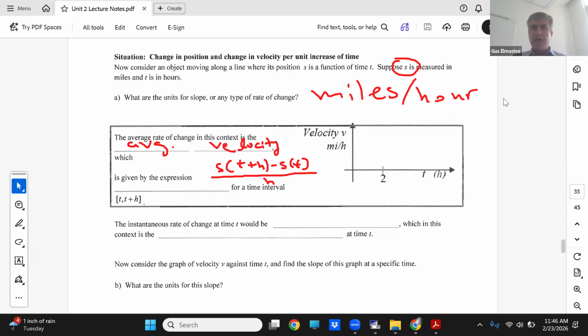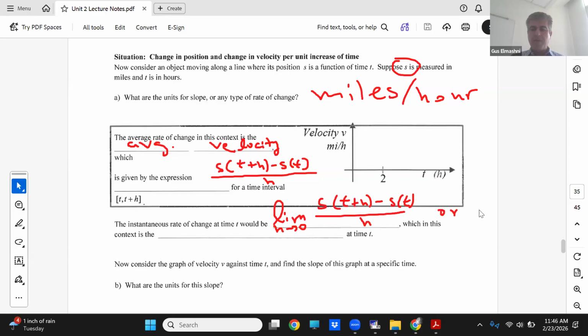So, for example, yeah, I don't want to draw something just yet. Let's just talk about fill in the blanks because I'm trying to think of good examples to draw, but let's hold off on that. So, the instantaneous rate of change would be this: the limit as h approaches 0 of s of t plus h minus s of t all over h.